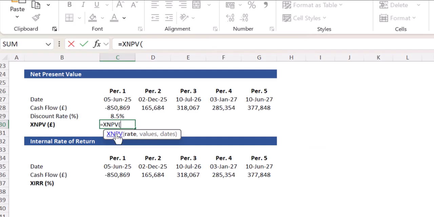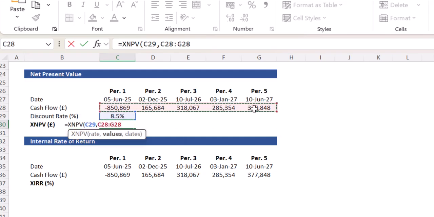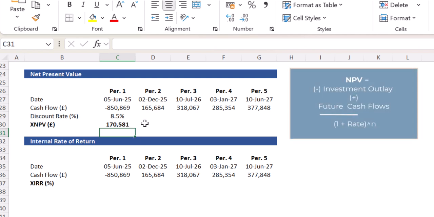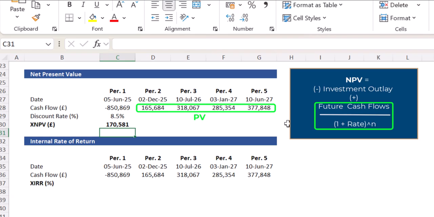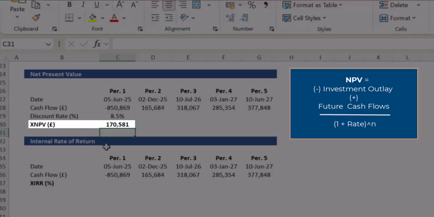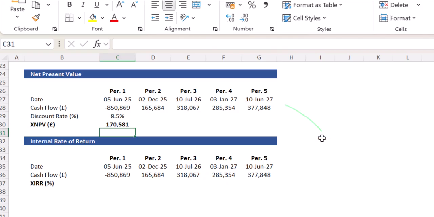Therefore, the arguments of that function are the rate, which is our discount rate in this example, the values, which is a stream of cash flows, and the dates when those cash flows will take place. In this case, the NPV is positive, so it makes sense from a financial point of view to go ahead with this investment. As the sum of the present value of the future cash flow is greater than the investment itself, the result is a positive number, meaning that such an investment adds value to you or your business.